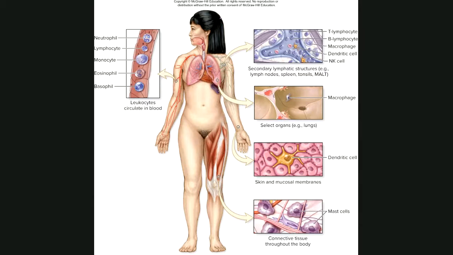The cells of the skin and mucosal membranes are really tightly packed, and so this dendritic cell, the yellow one right here, can squeeze its dendrites into spaces between the cells. So it has a longer reach to monitor a bigger area around its body. Okay, so that's our dendritic cells.